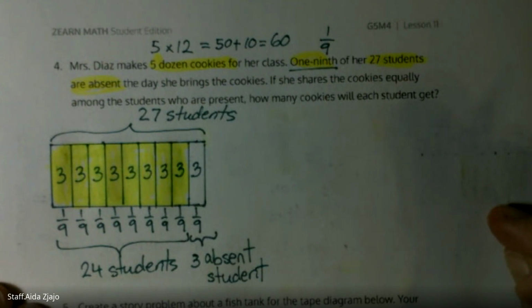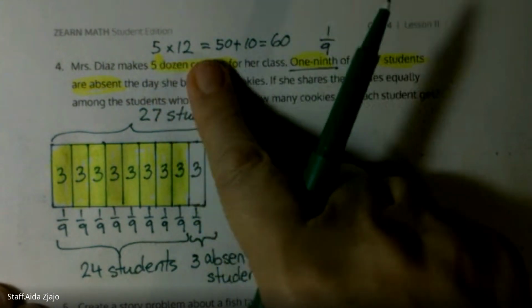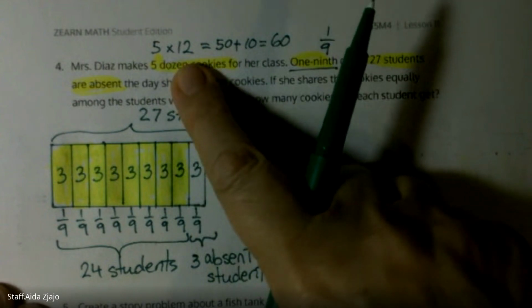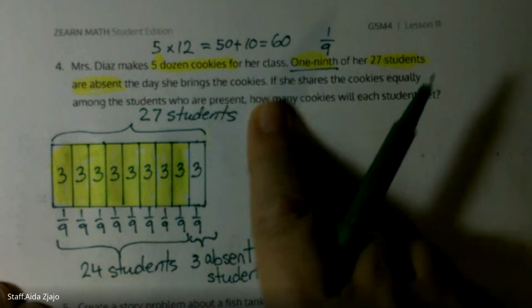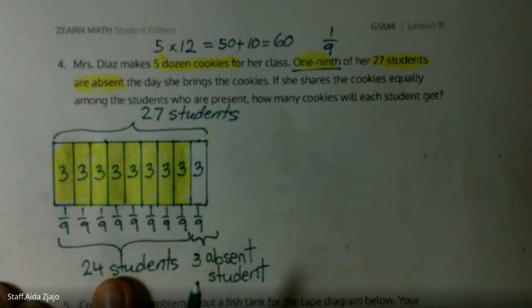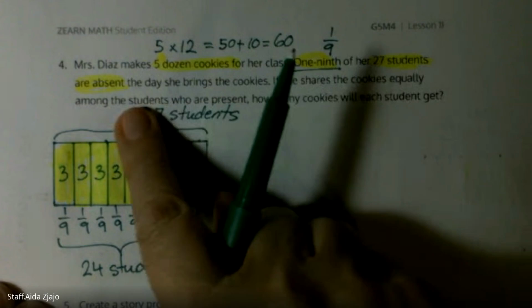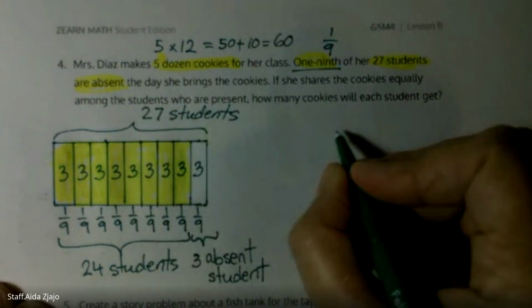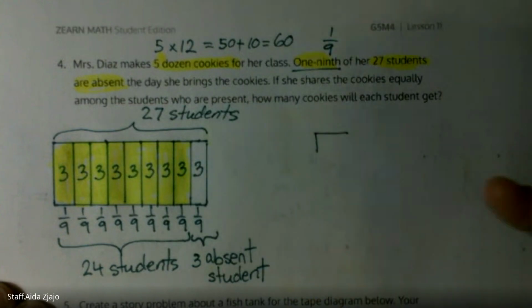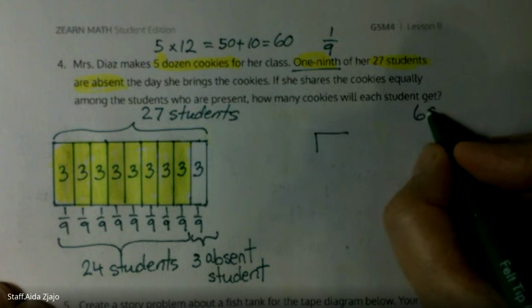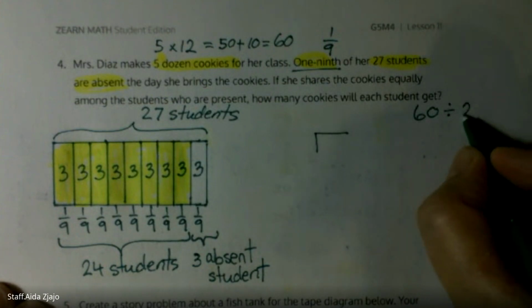So now we're thinking that she brought 5 dozen, which means 60 cookies altogether, and she needs to share that with 24 students. So now we need to do division, so we can say that she needs to do 60 divided by 24.